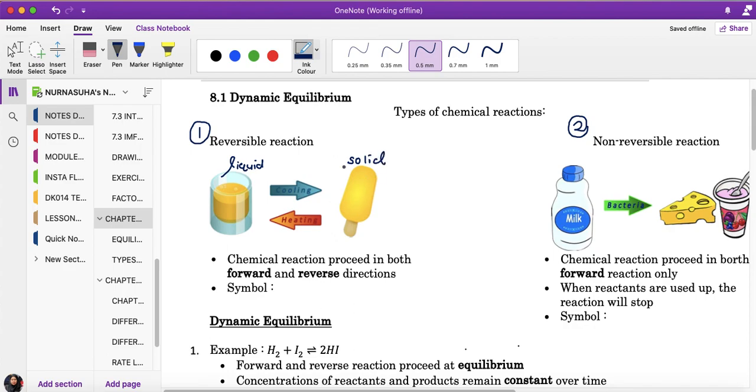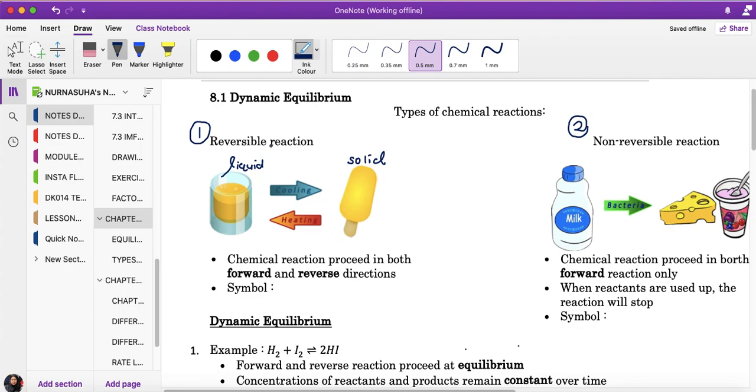And when you heat this ice cream, it will change back to liquid form. However, the chemical properties are still the same. Maksudnya, bila even dia dah jadi ice cream, dia masih sifatnya orange juice. Cuma dia berubah daripada liquid to solid. So this process is reversible reaction.